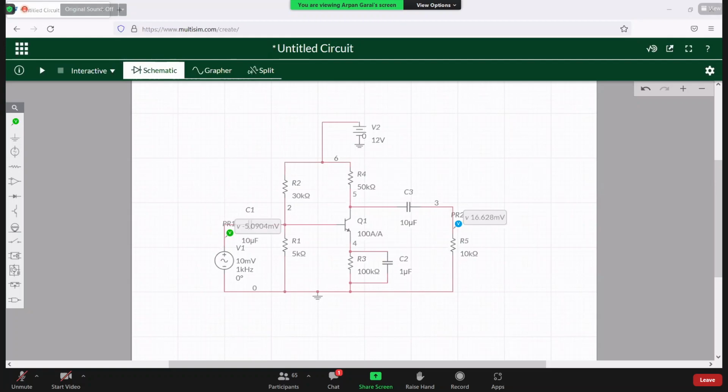What have you done in this circuit? Single stage RC coupled amplifier.